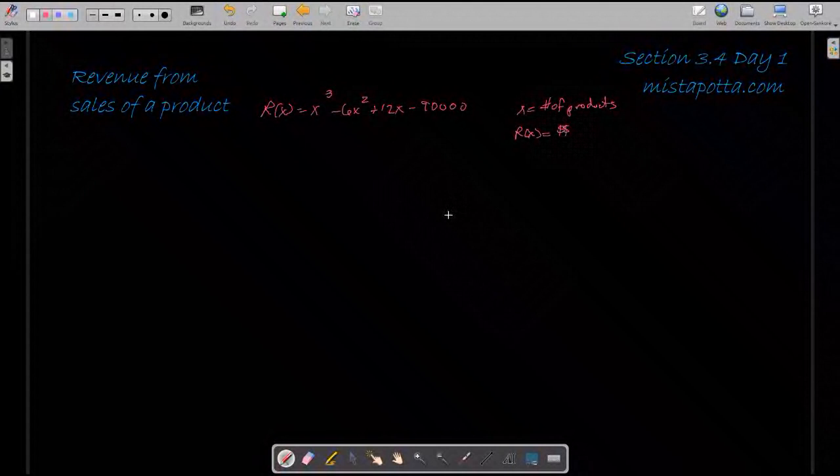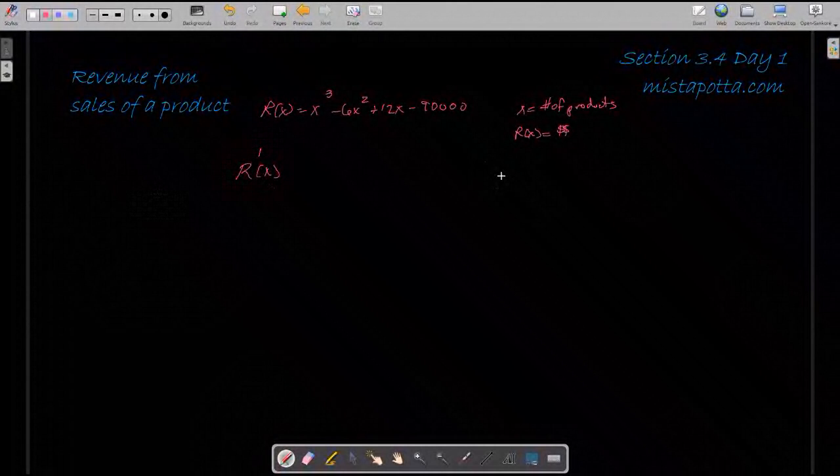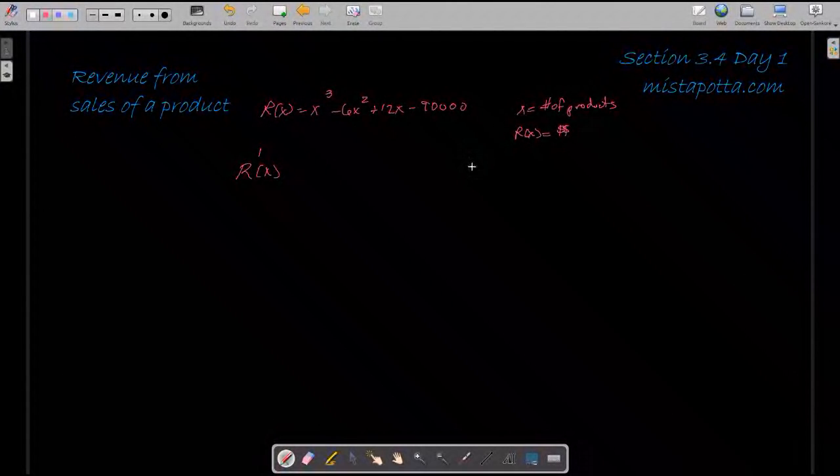And so what I want to do is look at this rate of change. So if I look at the rate of change, R prime of x, my units are going to be dollars per item.